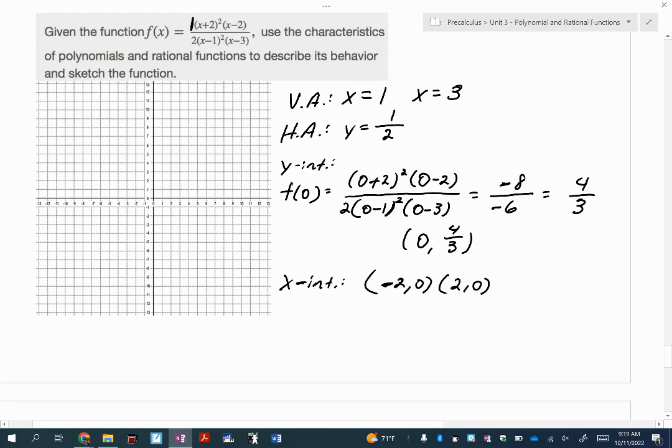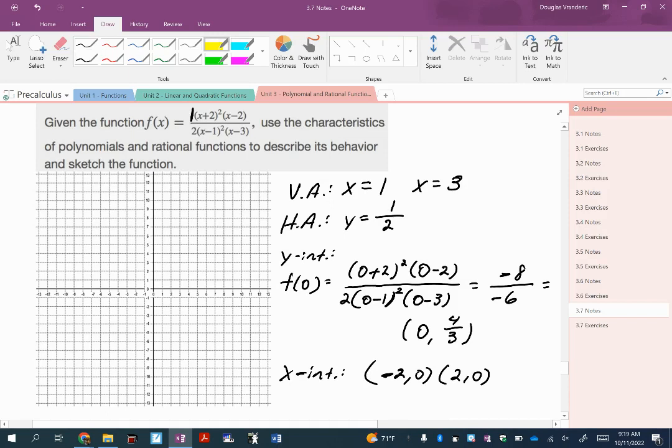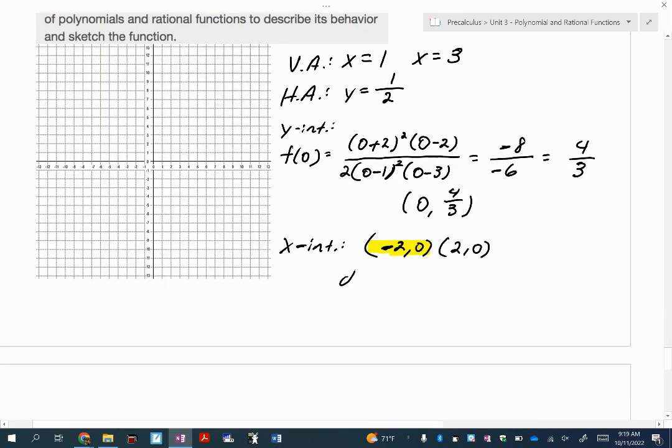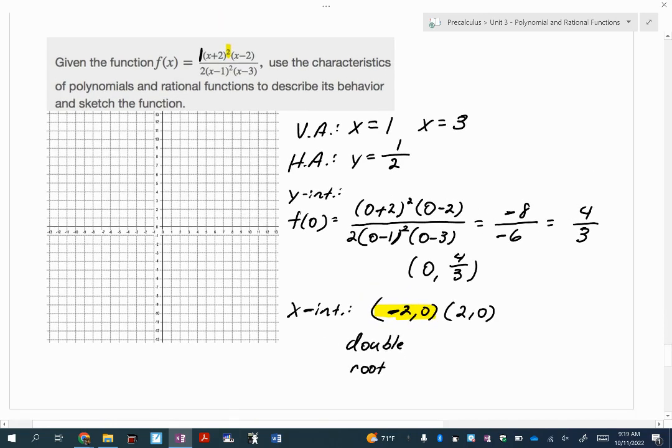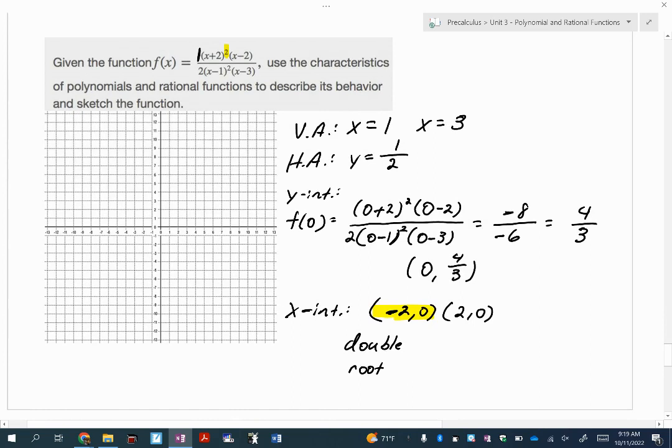Now, one thing I do notice is that x plus 2 is raised to the second power. So this root that makes it 0 is what we call a double root. And you'll see when we sketch it that when we touch the x-axis there, we're not going to cross it. We're going to touch and turn back. So let's put down our vertical asymptotes, x equals 1 and x equals 3.